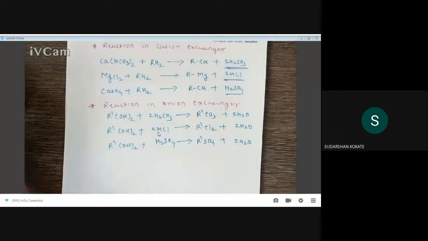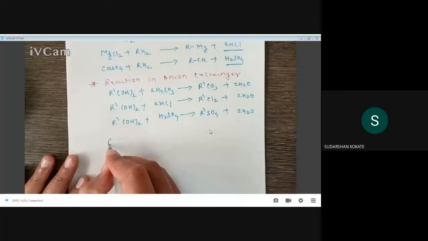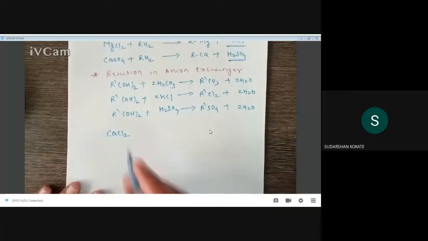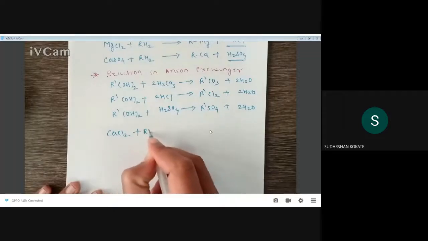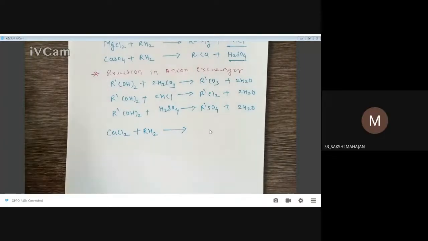For example, if your water contains calcium chloride, you can predict this one. CaCl2, this kind of impurity is present in your water sample. This comes in contact with RH2. Now, what is happening here? Predict the product. RCa plus twice HCl. Yes, very good.